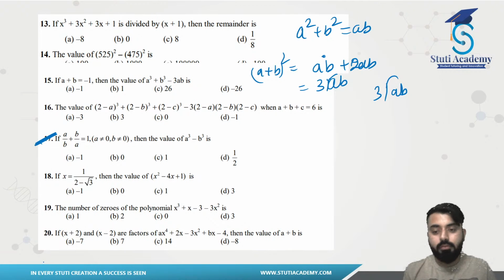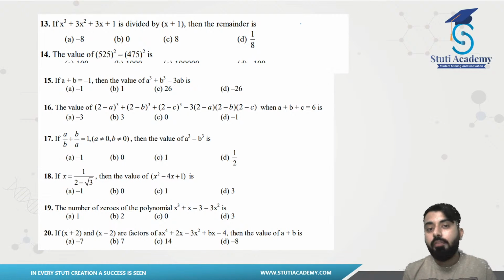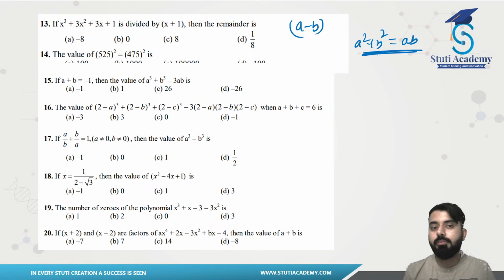The reason I'm doing this is, if you had taken a minus b, firstly we had taken LCM, so that will be a square plus b square equals ab, right? While we solved this, we put this square here. It will be a square plus b square minus 2ab. And a square plus b square itself is ab.